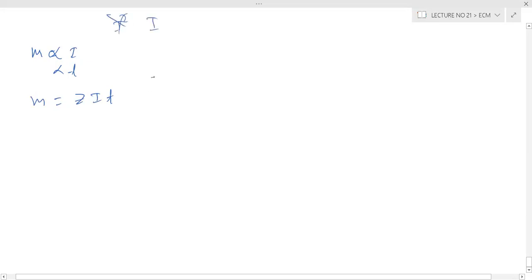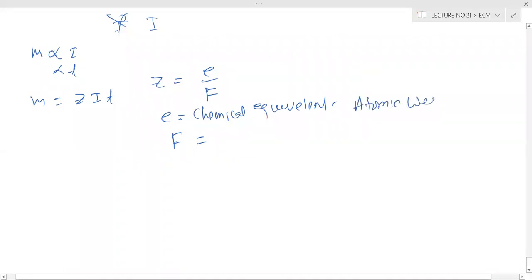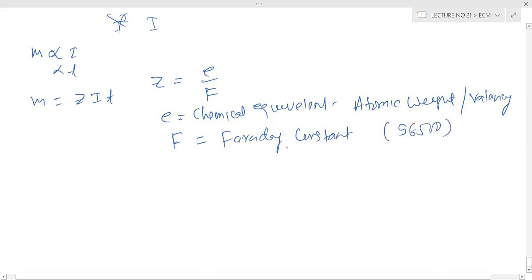What is Z? Z we call E by F, where E is your chemical equivalent, the atomic weight or valency, and F is the Faraday constant, and that value is 96500.